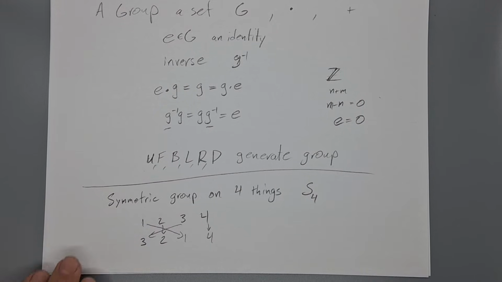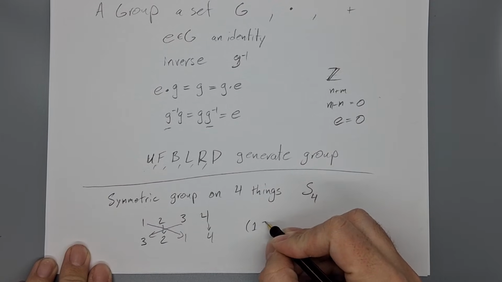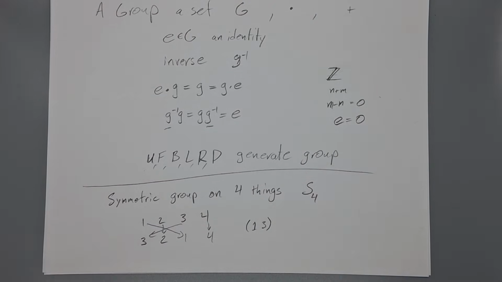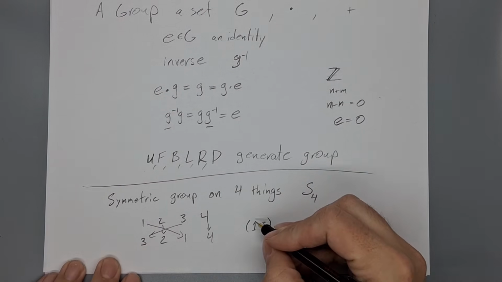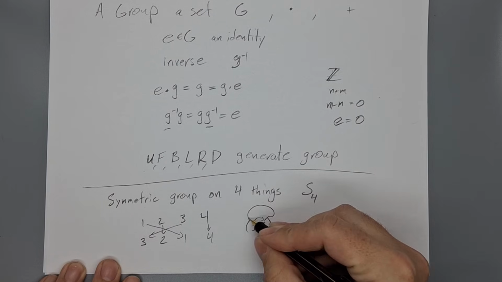There's another way of writing this sort of group element, and that's with this notation, 1, 3 in brackets. And to read this notation, all it means is that 1 goes to 3, and 3 goes back to 1.